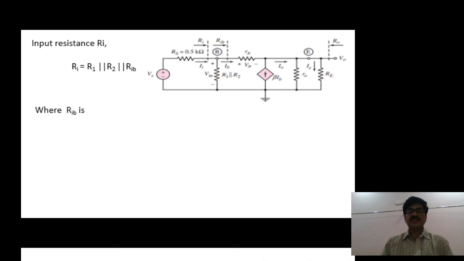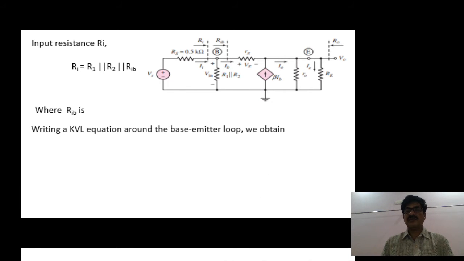But for RIB, let us write the KVL equation in the base emitter loop. Vin is equal to IB into R pi plus I0 into the parallel connection of R0 and RE, that is I0 into R0 parallel RE, where I0 is the sum of two currents, IB and beta IB.